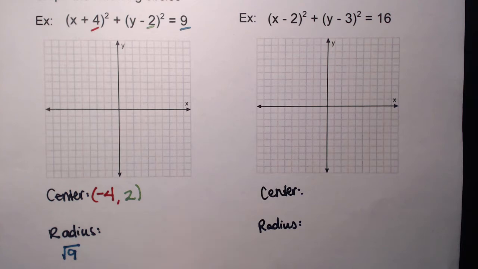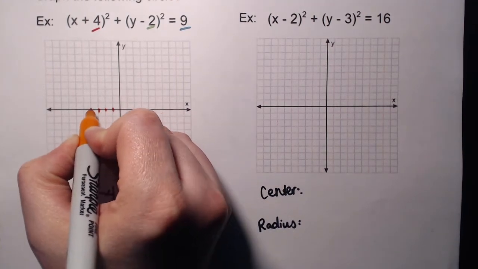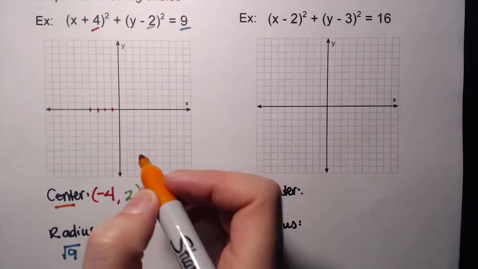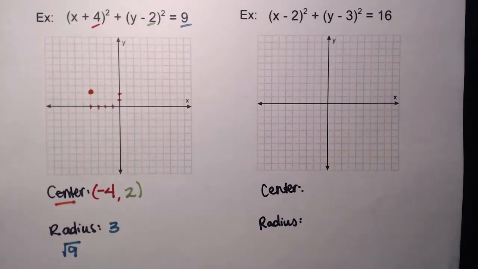Square root of 9, so the radius is 3. Now this is what it means. If the center is at (-4, 2), it's that point: negative 1, 2, 3, negative 4, and up 1, 2. Okay, and then it has a radius of 3.